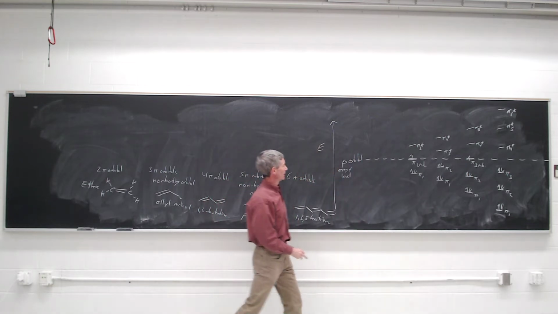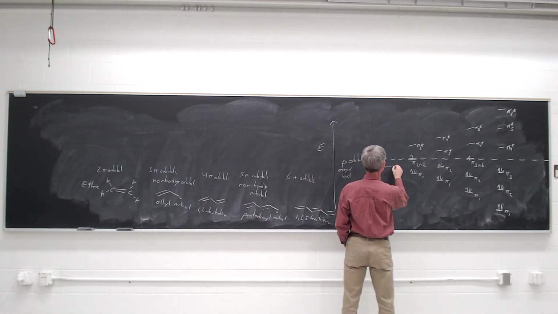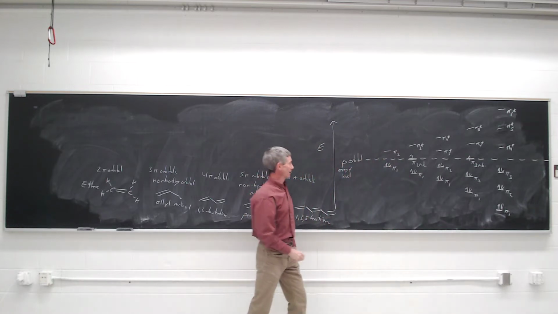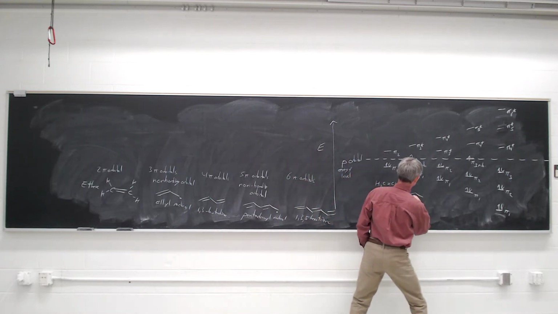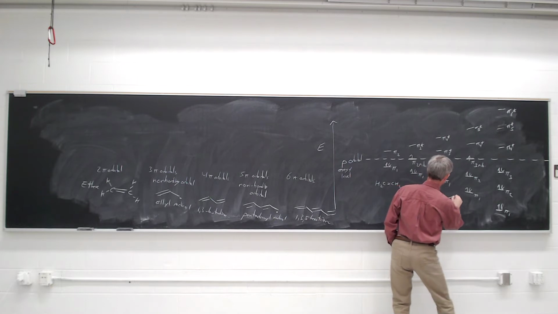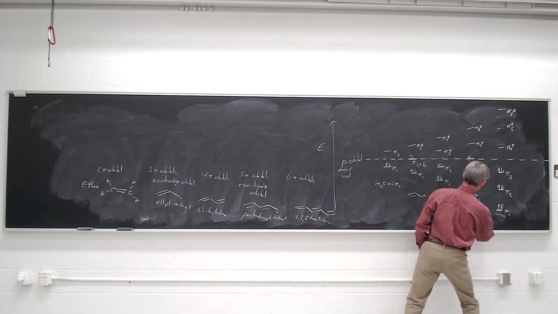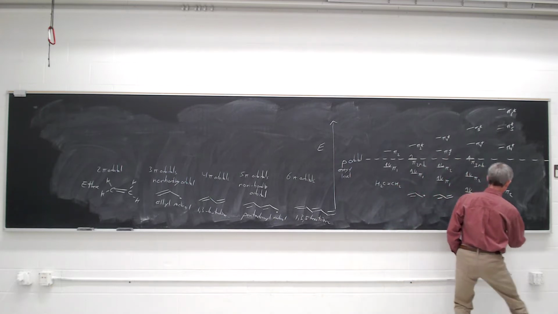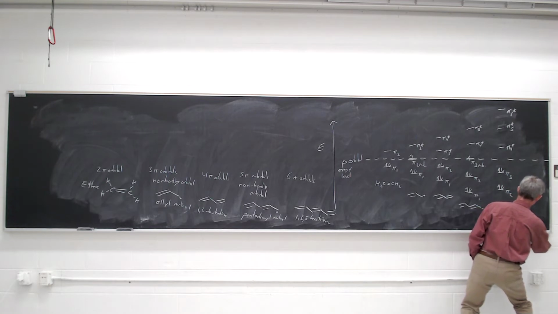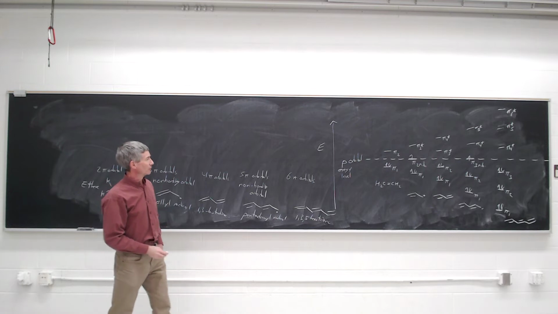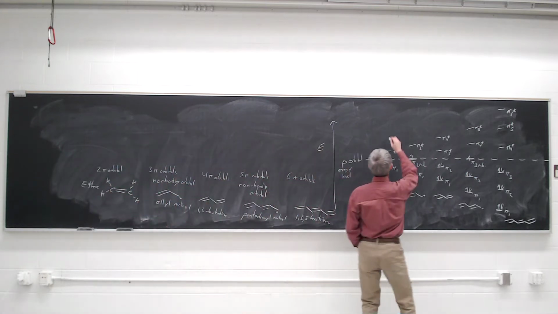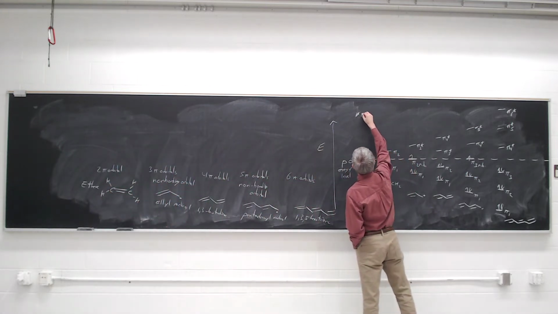Then the allyl system, and then the ethylene. So we're looking at our 2 pi orbital, our 3 pi orbital, our 4, etc.